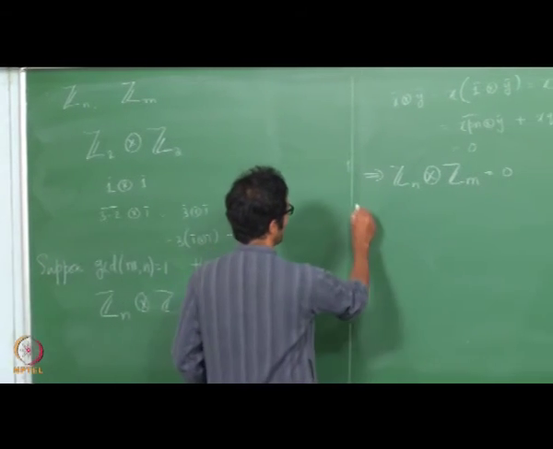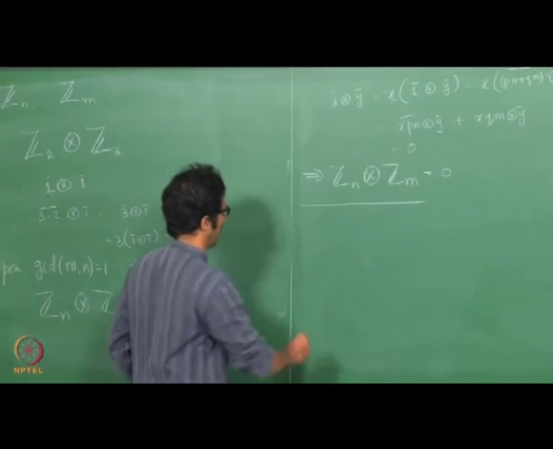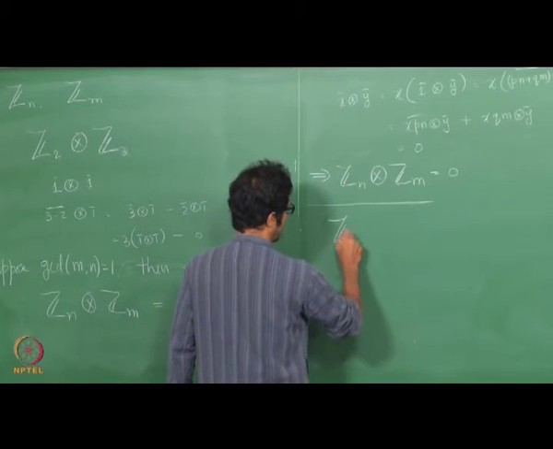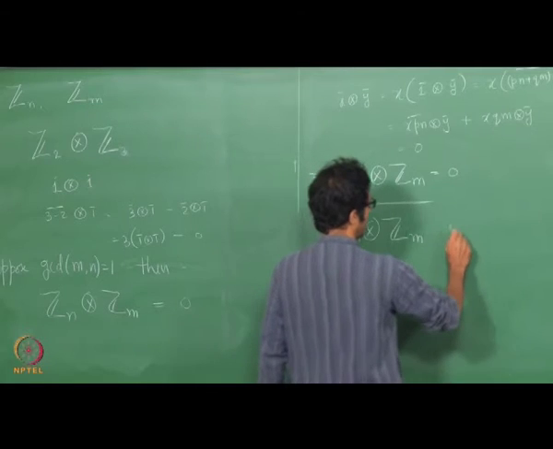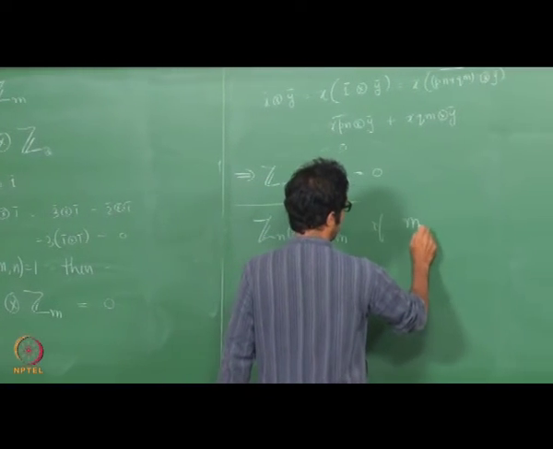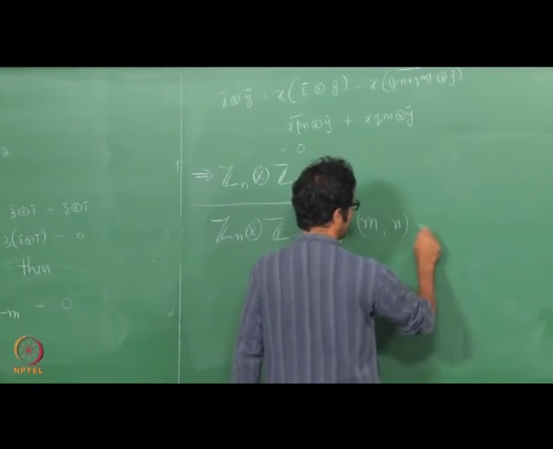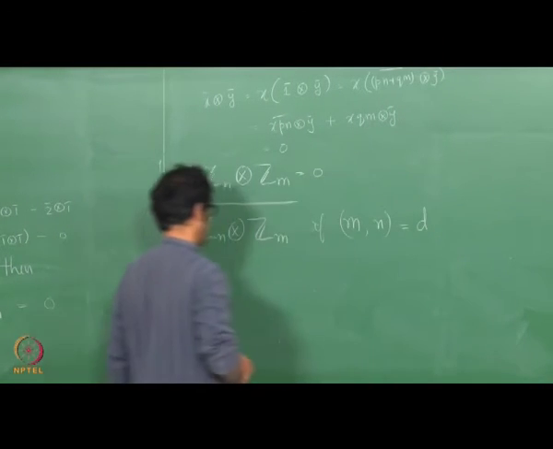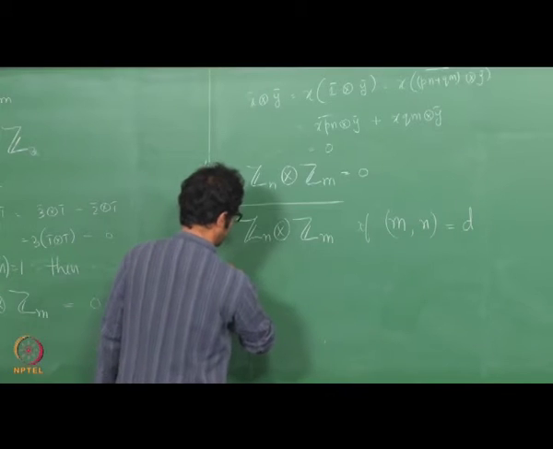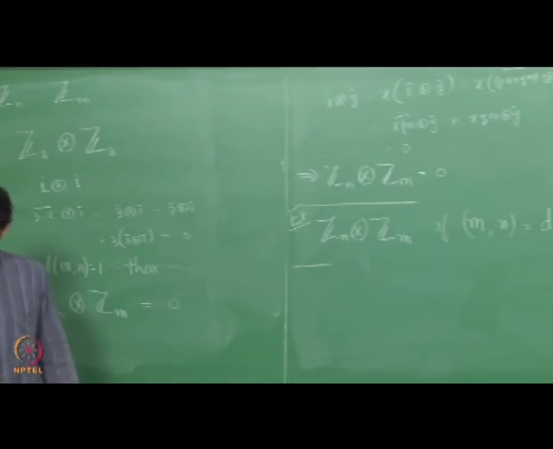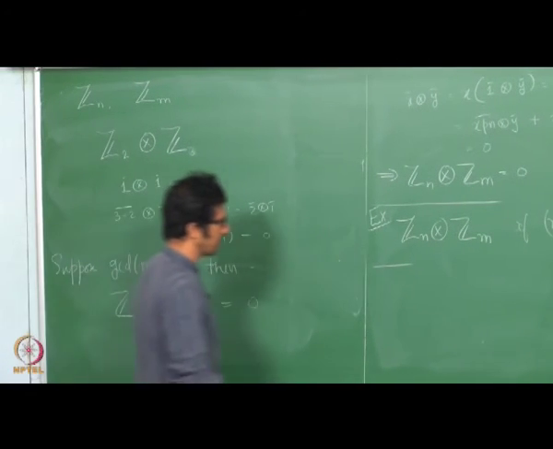Think about it. So what happens with Zn tensor Zm if the GCD of m and n is D? Think about this. This is left as an exercise. What module is this?